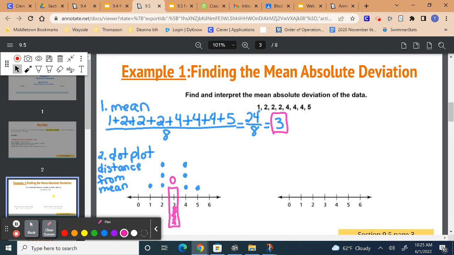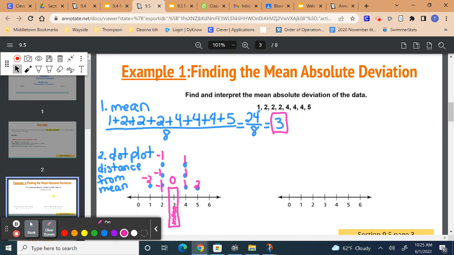The 2s are -1, because they're to the left, away from the mean. Each of the three is -1 away from the mean, and 1 is -2 away from the mean. When you go to the right, 4 is 1 away from the mean, 1 away, and 1 away. Your 5 is 2 away from the mean.